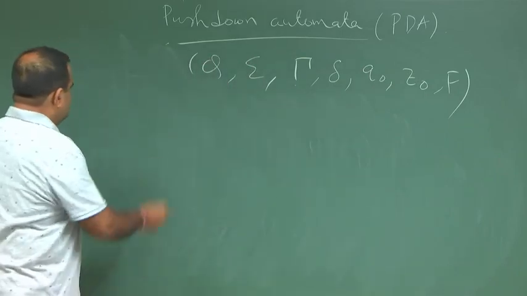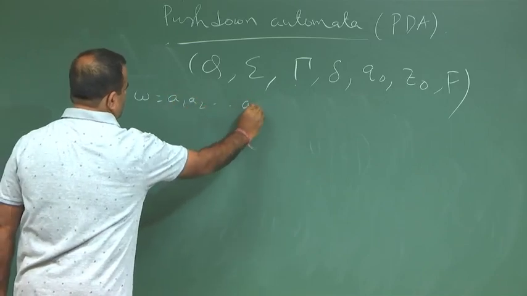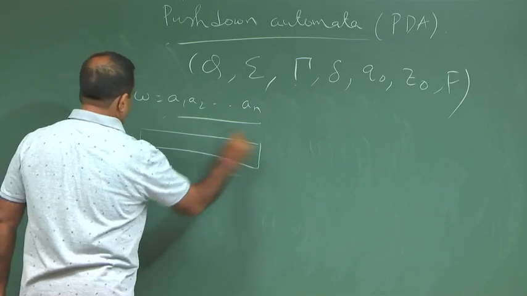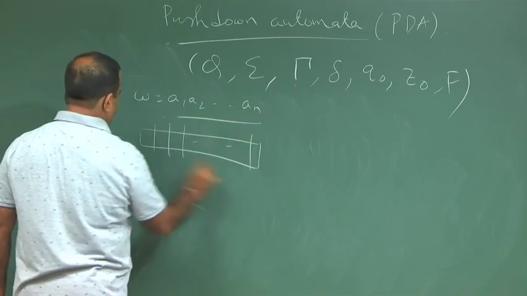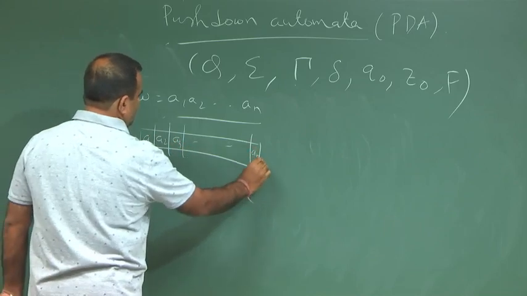Suppose initially we want to read A1, A2, A3, up to AN, on our tape.